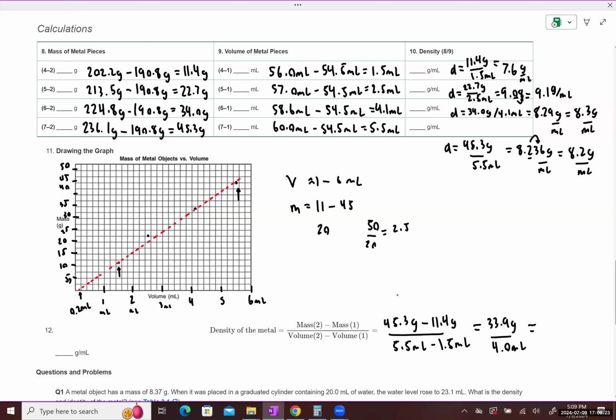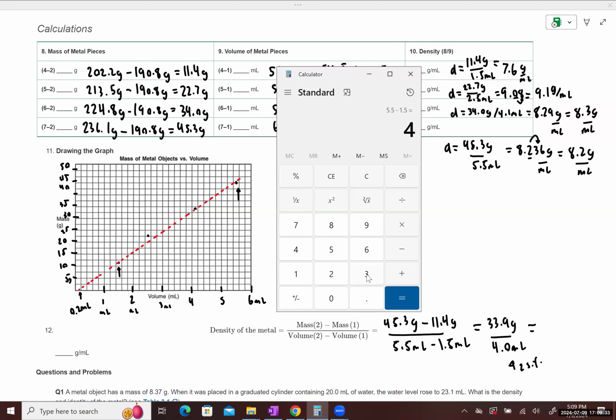We now divide these 2 values, and as we can see, the bottom number has 2 significant figures, and as such, our final answer needs to be rounded to 2 significant figures.